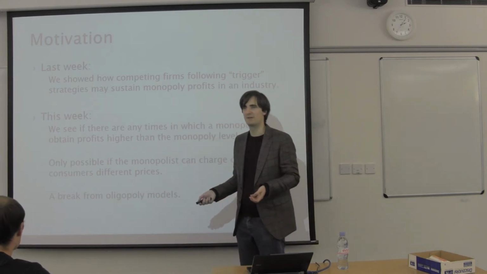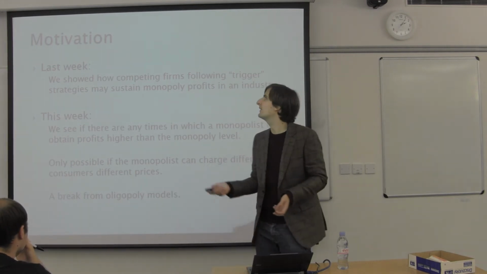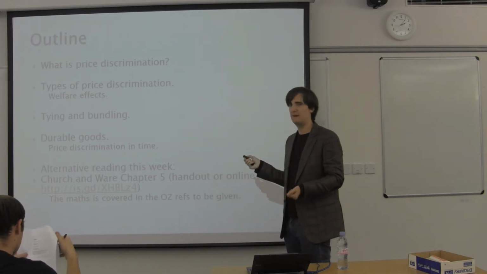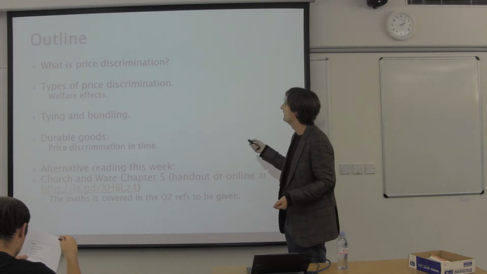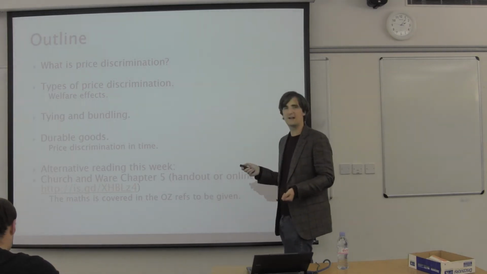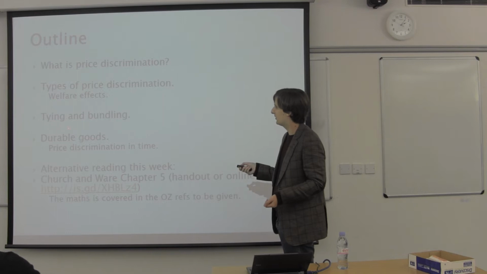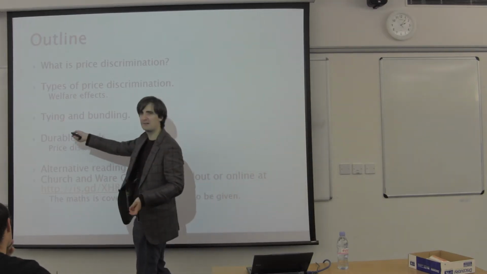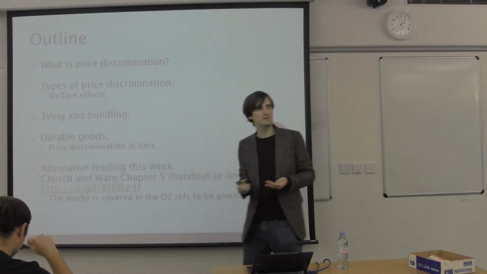So no oligopoly this week. We're going back to single-firm monopoly settings. So what are we going to talk about? Well, I'm going to show you the different types of price discrimination and what welfare is like under each of them. And then we're going to talk about tying and bundling. Tying is like printers and printer cartridges, a standard example of tying.